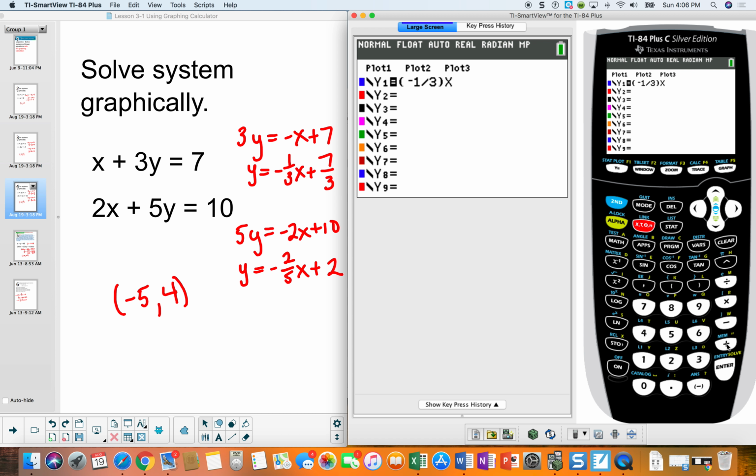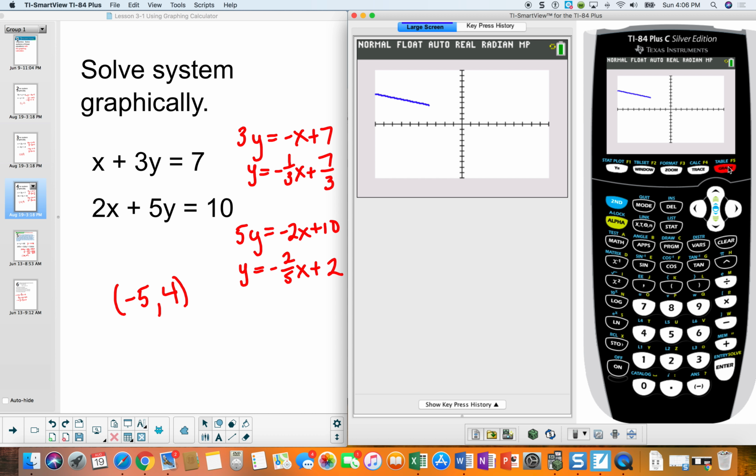And then plus, you don't need to write the parentheses for the b part or the y-intercept, 7 divided by 3. We're going to arrow down. Again, we're going to put parentheses, -2 divided by 5, parentheses, x plus 2. We're going to leave our screen the same way that we found it last time, and we're going to see what the graph looks like.